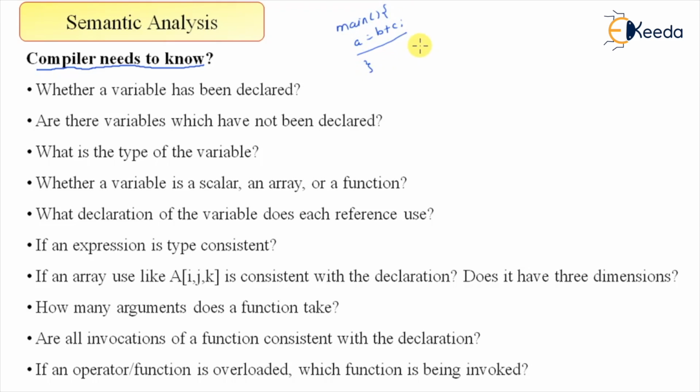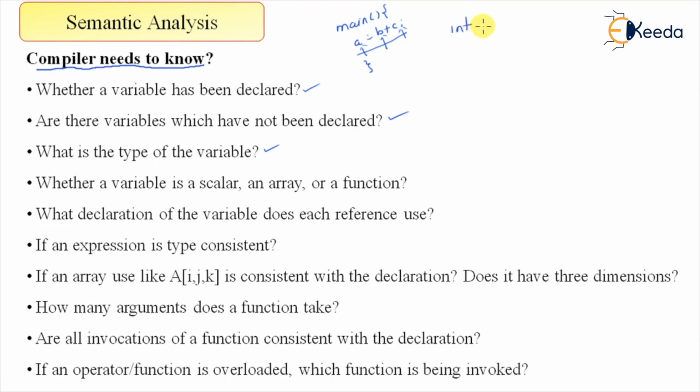Before that, you parse it and find out whether it is correct or not. You have to know whether the variables have been declared previously or not, and whether there are variables like a, b and c that have not been declared at all.